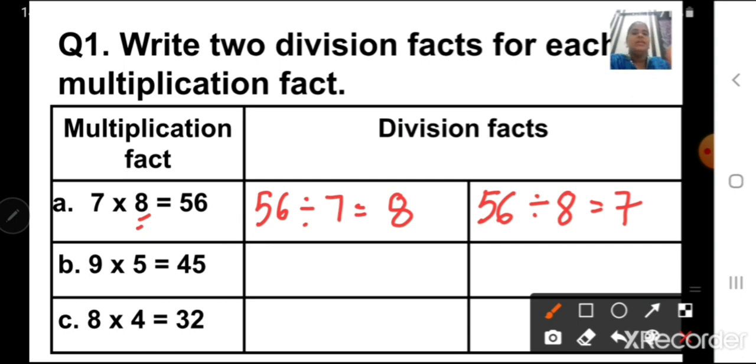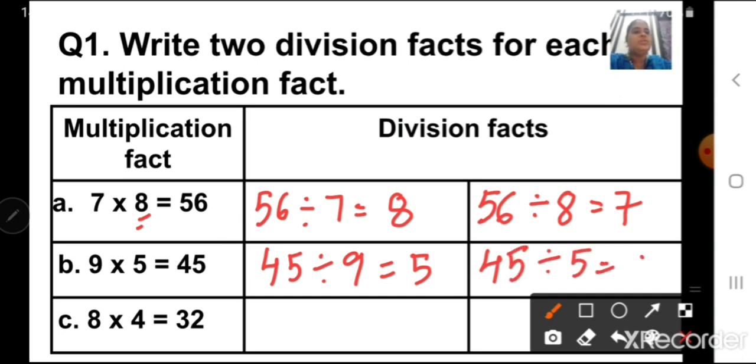Right? Next one, 9 into 5 is equal to 45. How will we write this? 45 divided by, you can take any of the factors, 9 or 5 also. So let us take 45 divided by 9 is equal to 5, and 45 divided by 5 is equal to 9.